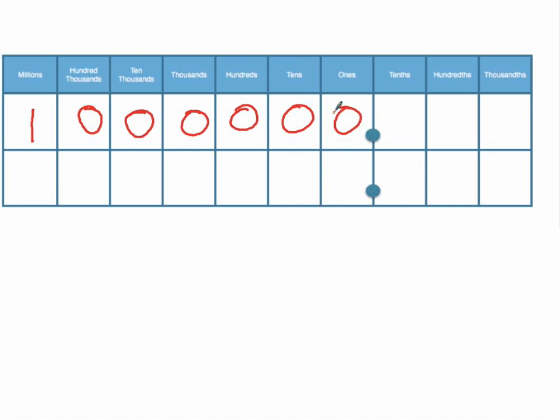How many zeros does 1 million have in it? 6. So how many times do you think you have to multiply by 10 to get to a million? 6 times. So that would look like 10 times 10 times 10 and so on, where you fill the whole page.